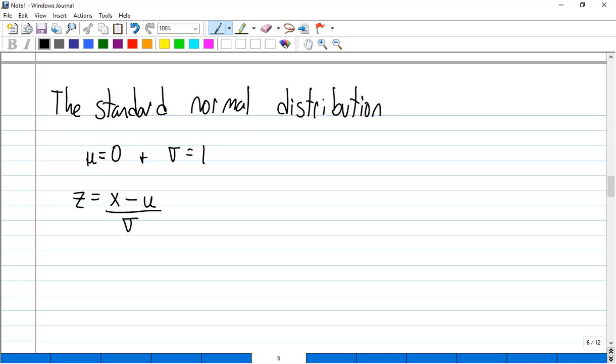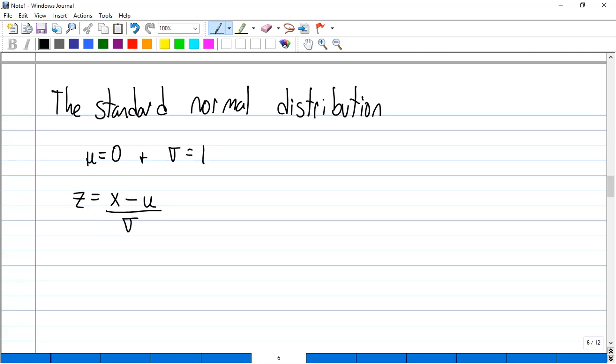Because if we already have a standard normal distribution and I plug in a 0 right here, and I plug in a 1 down here, then z is just going to be equal to whatever x value I'm looking at, because the top would be x and the bottom would be 1, and x divided by 1 is just x. Normally, if we're doing real world problems, we don't have a standard normal distribution to start with, and we have to convert them over.